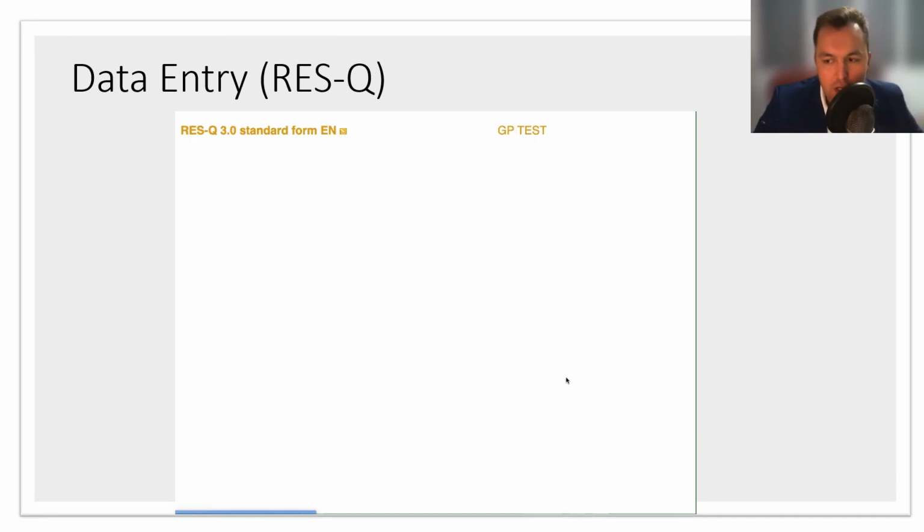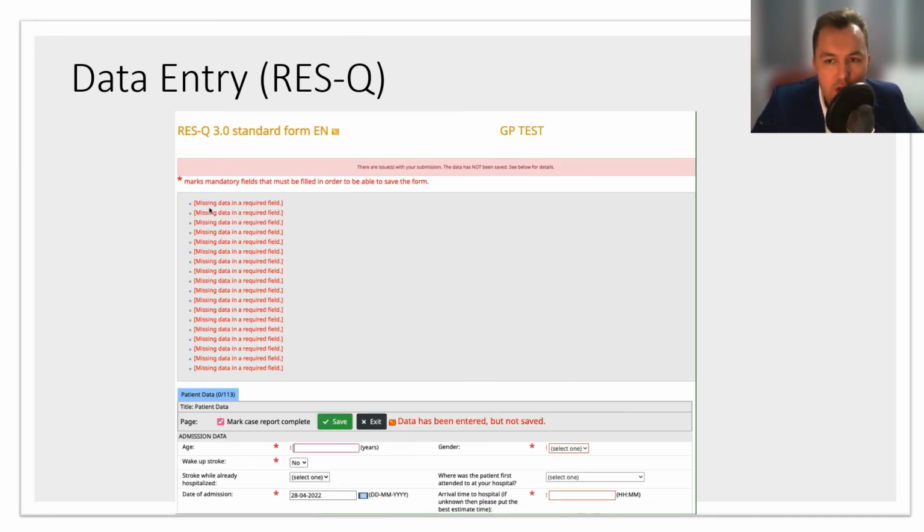The moment you've missed something on the form, it will highlight as an error box, and then you can just go and complete this. It will be marked by an exclamation mark, as you can see here next to age, as well as arrival time to the hospital. So if that data is not completed, you can always go back and quickly re-enter these data points.